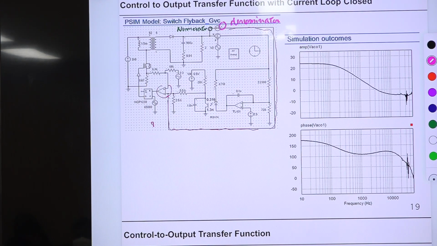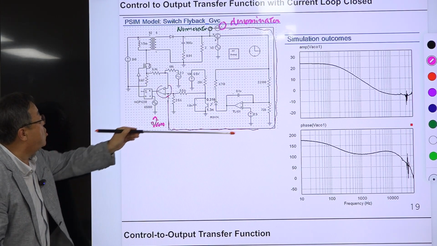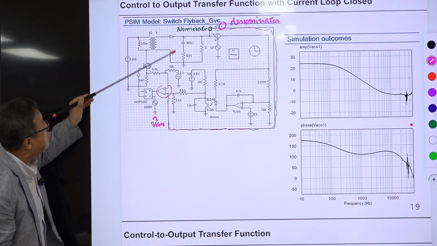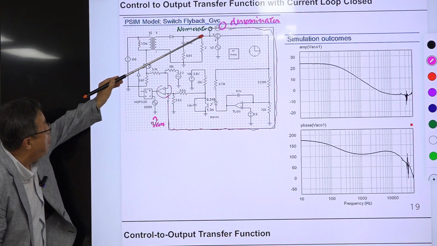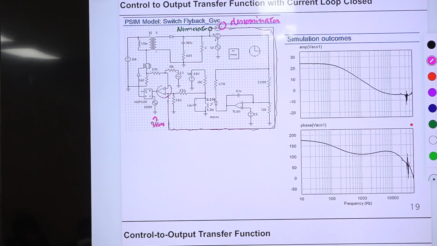If we only consider the AC component, this is the control voltage hat. And if we only consider the AC component of our output voltage, then this is VO hat.